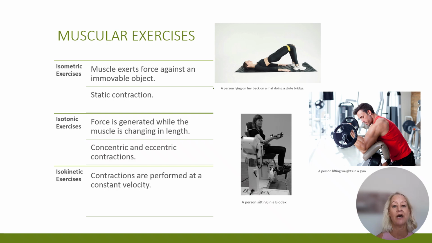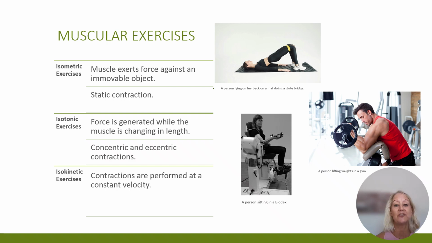Now, isotonic exercise is force that is generated while the muscle is changing in length. And we have concentric and eccentric contractions. This is what we typically think about when we're working out. In these exercises, your muscle length does change to move a constant weight or resistance.